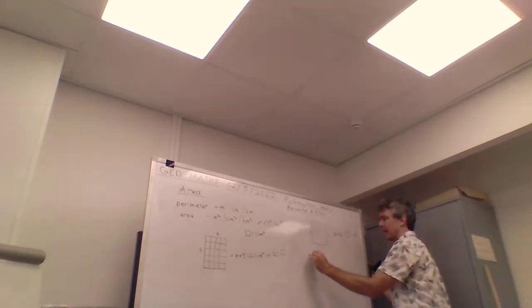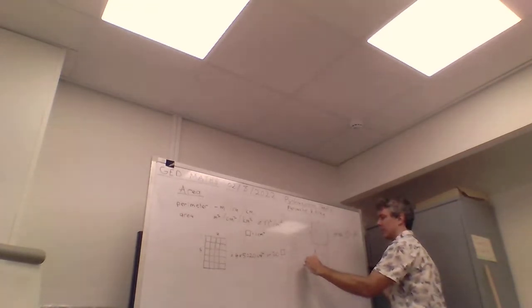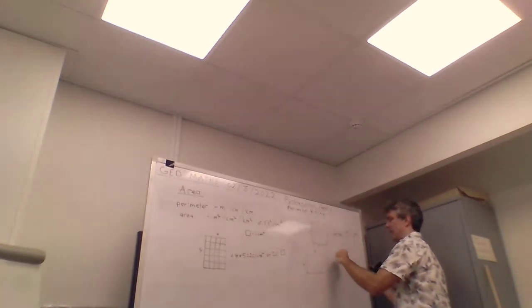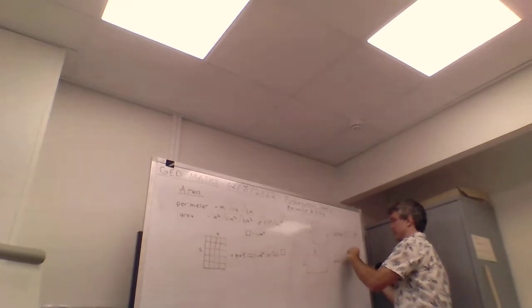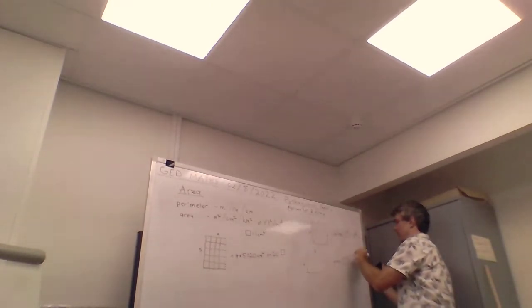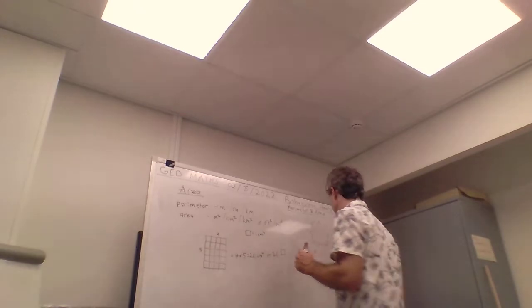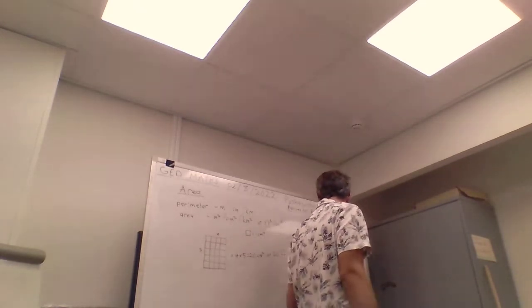Now if we have a rectangle, right, this was length and this was width. So the area of a rectangle equals length times width. Okay, whatever this is, times this one. So those ones are fairly straightforward. Now what about some other shapes? Next question can be, what about a triangle?